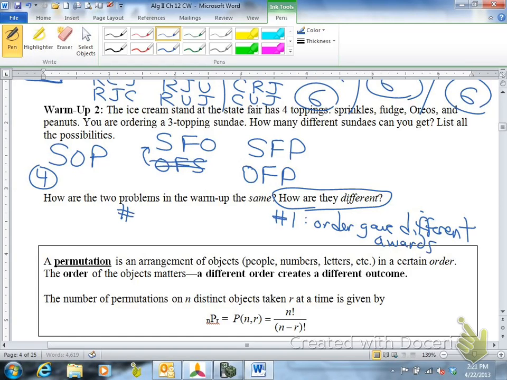In the second one, the order didn't matter. So it doesn't matter if you do sprinkle, Oreo, fudge versus fudge, Oreo, sprinkle. It's the same thing. The order doesn't really matter. How are they the same? Well, I guess you could say they all have 4 options.